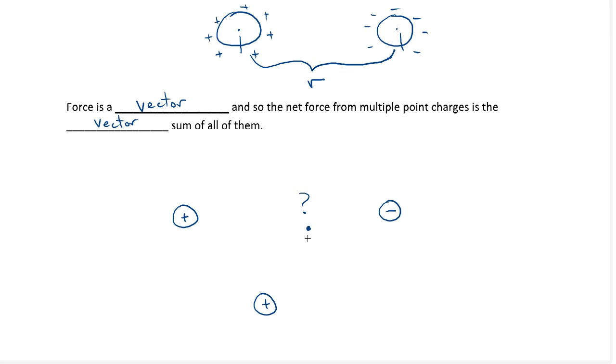Well, let's say this is a positive charge over here as well, so it's going to feel an upwards force from this charge down here. It's going to feel a force like that from this one. It's going to feel an attractive force from this negative charge over here, and then I'd have to add those three head to tail in order to get the vector sum of all of them, and therefore find the force on this positive charge here. Okay, so just remember that force is a vector. So that's an introduction to electric charge and Coulomb's law.